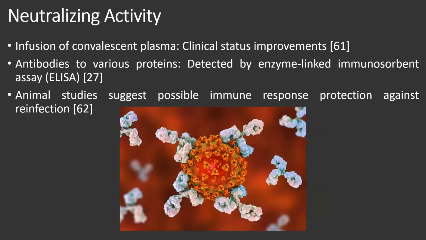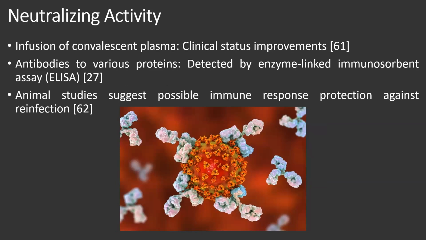So as of now, more information on protective immunity following COVID-19 is emerging. In recent case studies evaluating experimental convalescent plasma for treatment of COVID-19, it indicated the presence of neutralizing activity with improvements in clinical status in the plasma of recovered patients that seemed to be transferred to these recipients after plasma infusion.